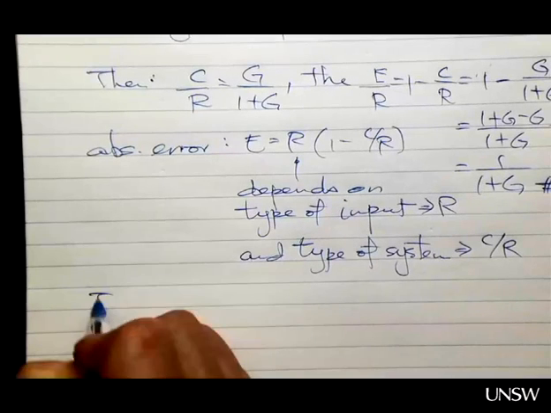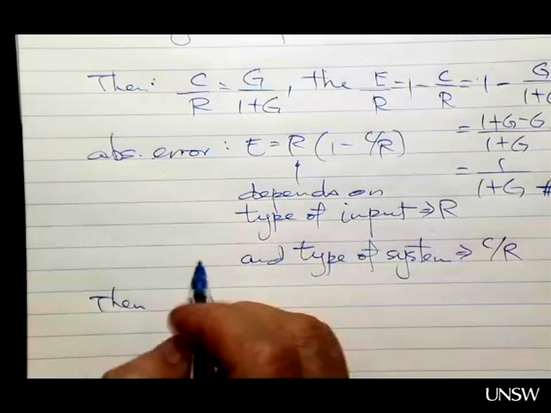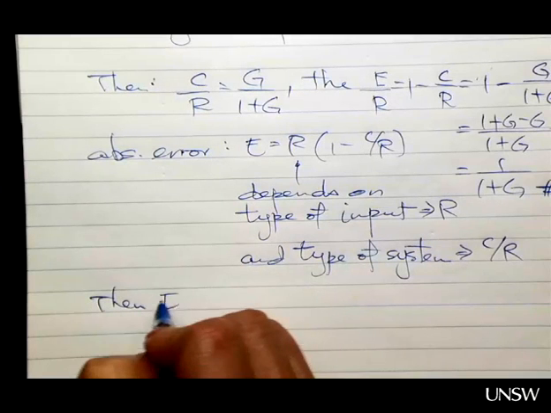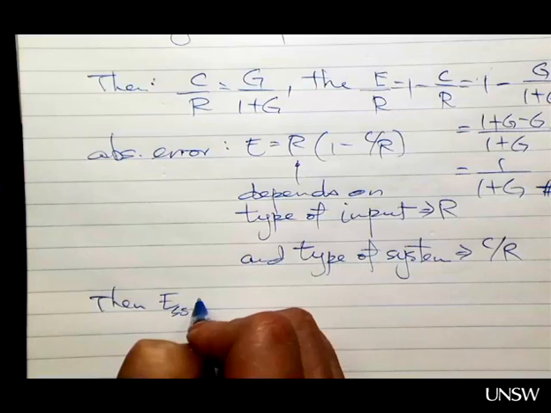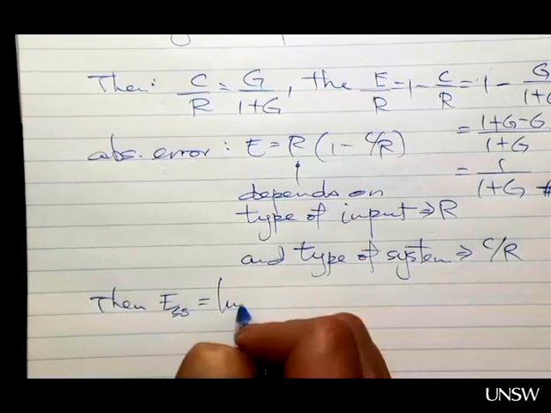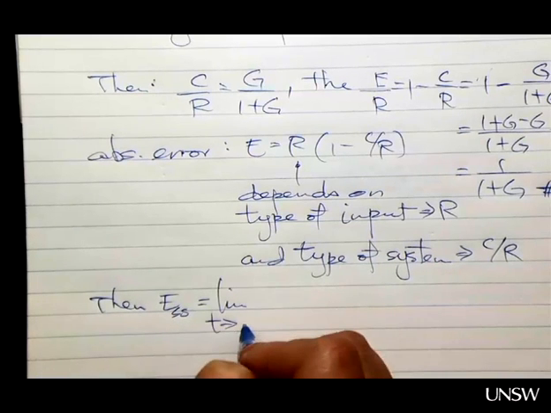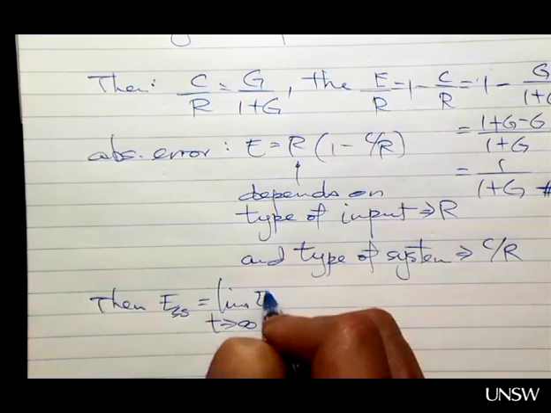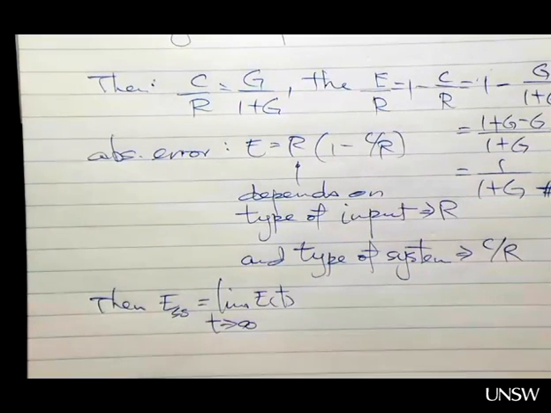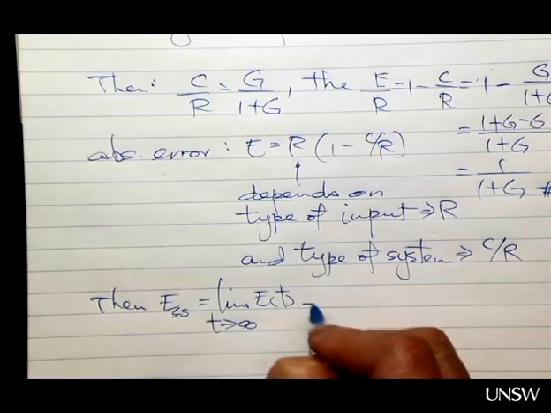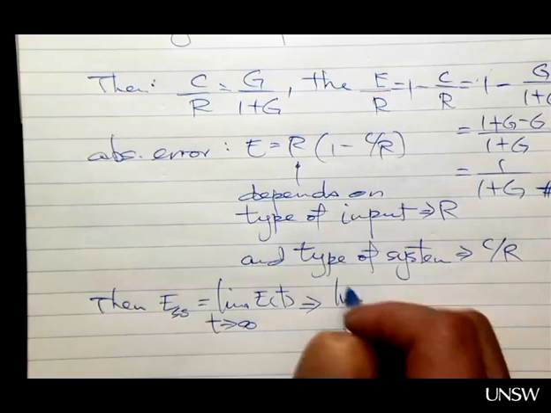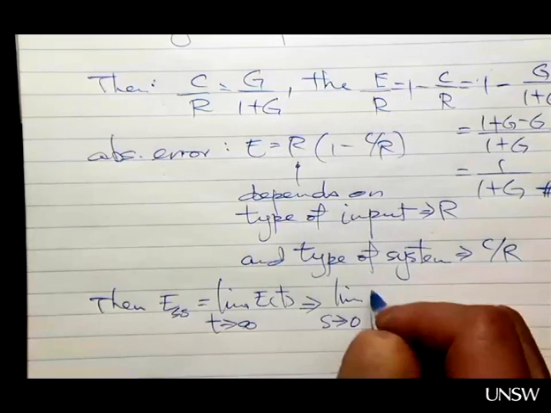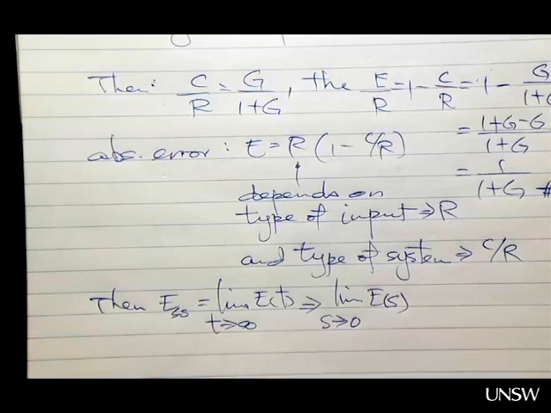And then again, the steady state error. If we take the limit as time goes to infinity of the error, it is equivalent to taking the limit of the s variable to 0 of s times the error in the Laplace domain.